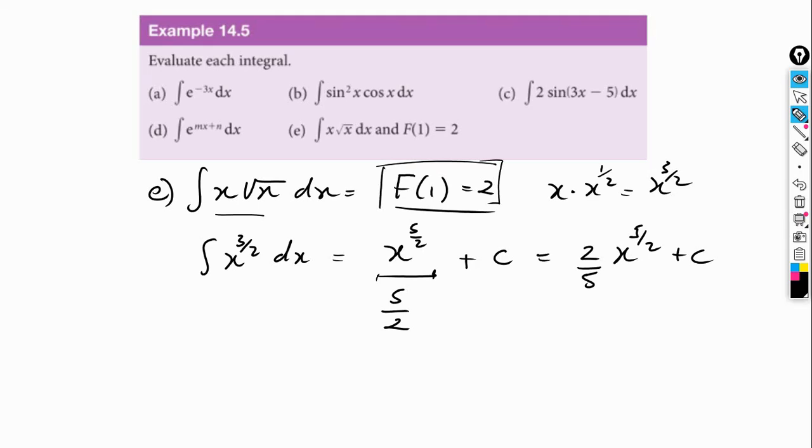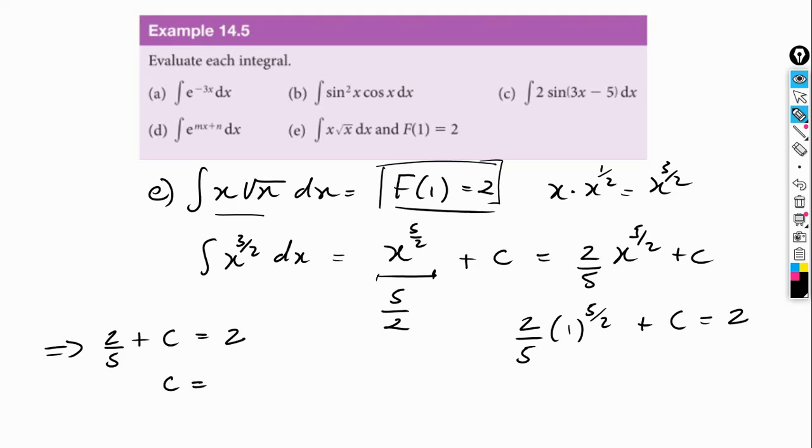So that means that 2/5 times 1 to the power of 5/2 plus c is equal to 2. In other words, 2/5 times 1, so 2/5 plus c is equal to 2.